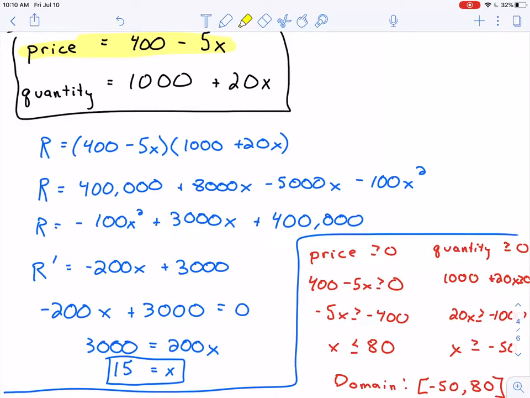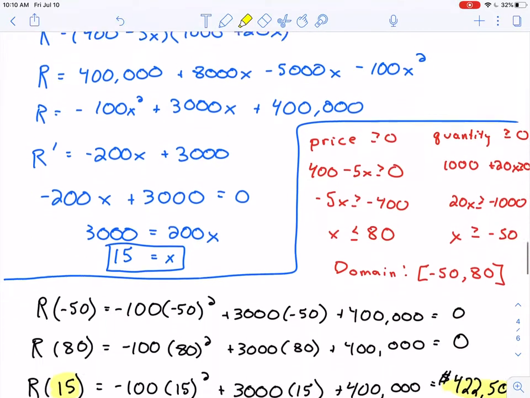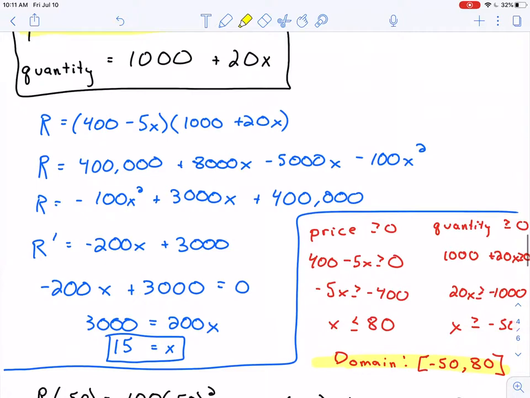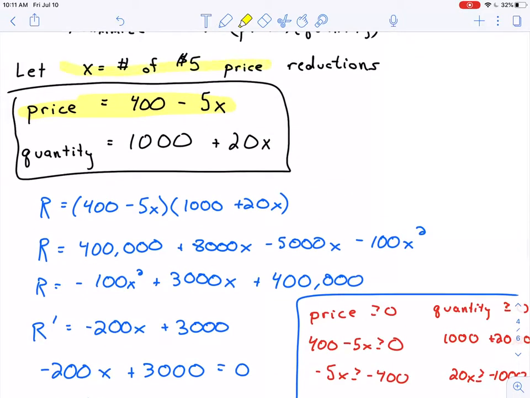One last thing that I want to mention very briefly: here we came up with a domain that looks a little bit different from some of the other domains that we've looked at. It says negative 50 to 80. It appears that we have some negative X values that are okay. And again, that is just because we chose X to be the number of $5 price reductions. So if X was, say, negative 1, what that represents is I'm actually choosing to increase the price by $5.